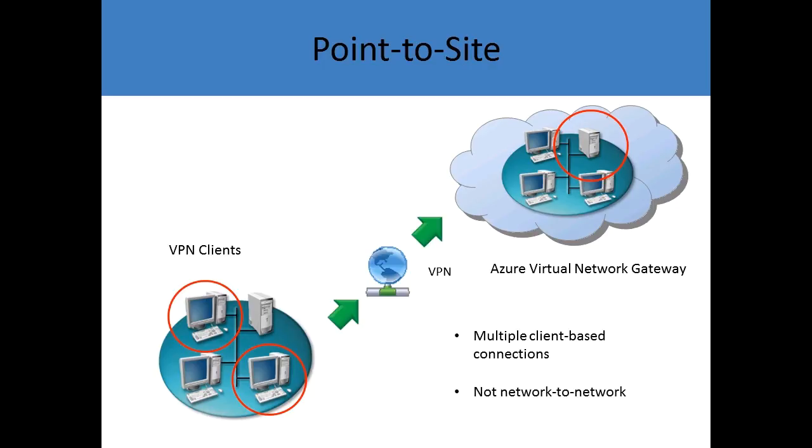And the key point is it's not network to network. It's selective. So you see that there are some clients that do not have access. So whatever suits your needs, it doesn't really matter as long as the necessary clients are able to access the necessary resources. Either approach works.